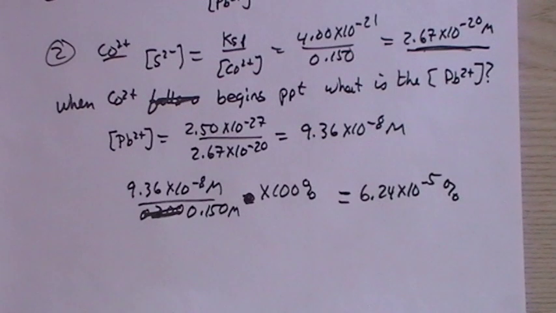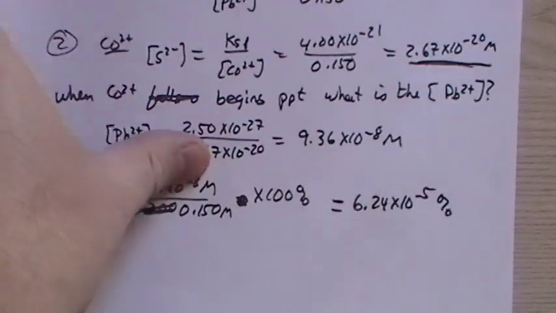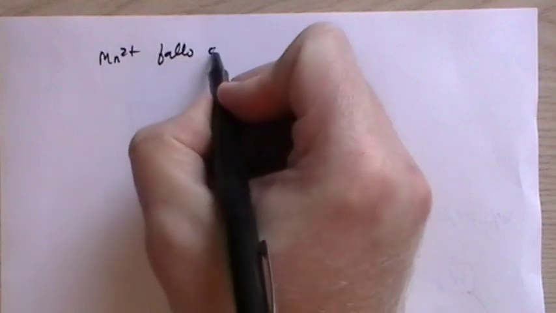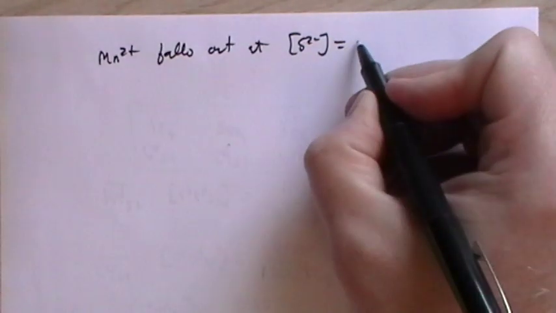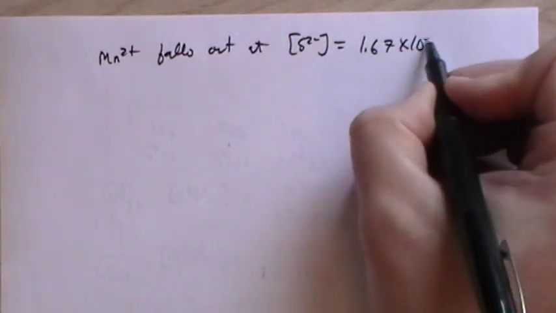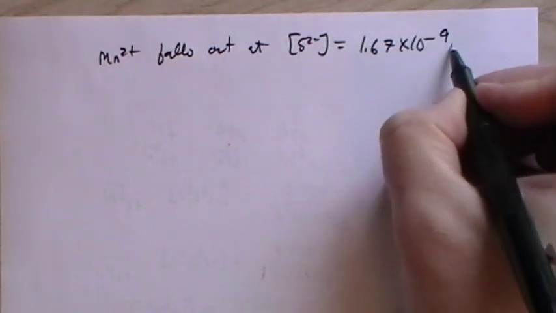So the next thing that can be asked is when the last one starts to fall out, what is the lead and the cobalt when manganese begins to fall out? The manganese falls out at the concentration of sulfide being 1.67 times 10 to the minus 9.